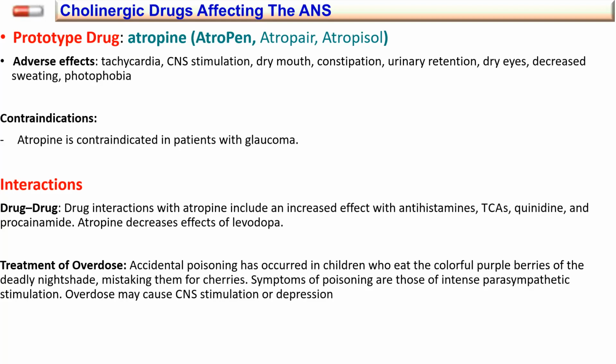But the antidote for atropine poisoning, so patients who have developed atropine poisoning, the overdose should be treated with physostigmine. Physostigmine, the drug we discussed earlier, is the antidote, a cholinergic drug, which will quickly reverse the coma caused by large doses of atropine.